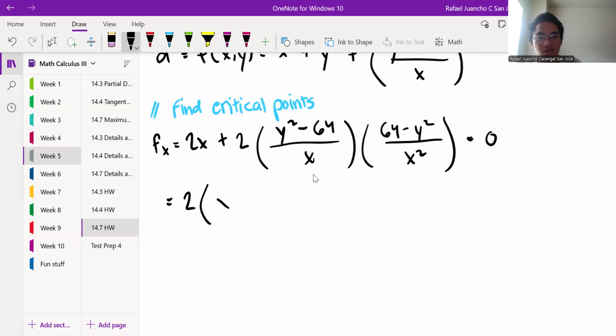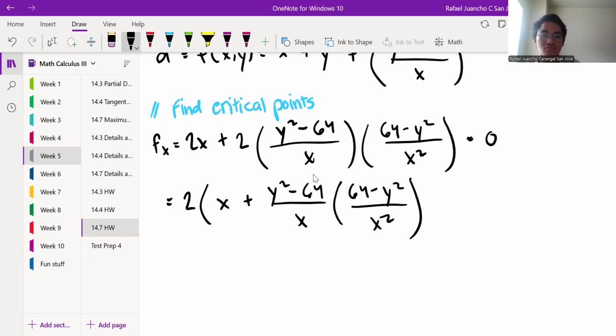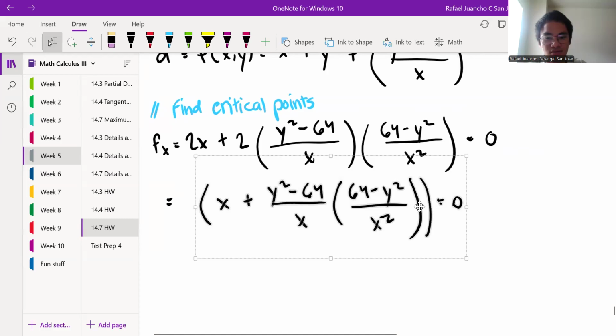So I'm going to say that's x plus this thing times this thing. No other way, huh? Trying to make it look clean, but I guess I can't really. Okay, cool. I could take out my 2 now. Just trying to clean it up. So I divide both sides by 2. And then now what?